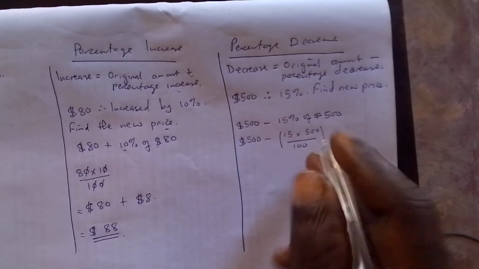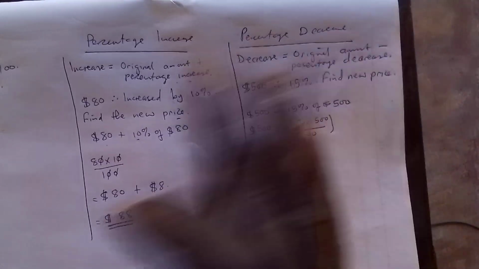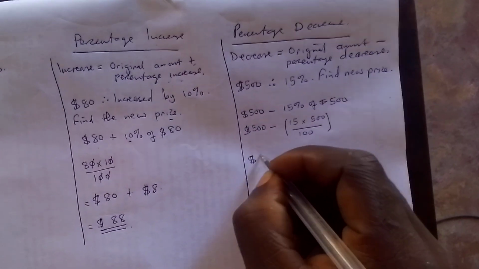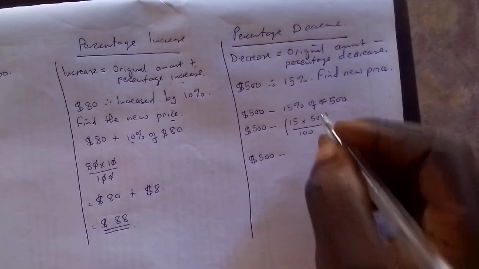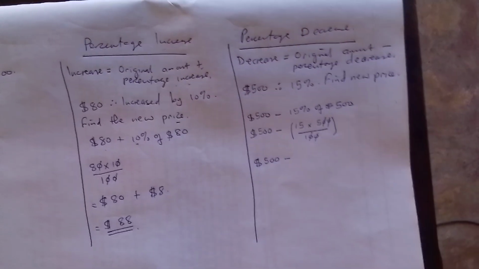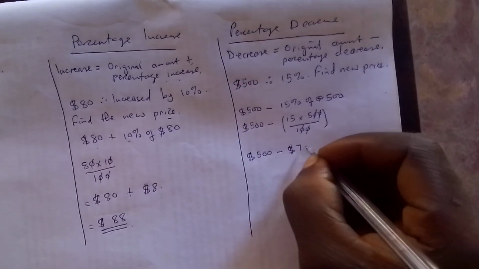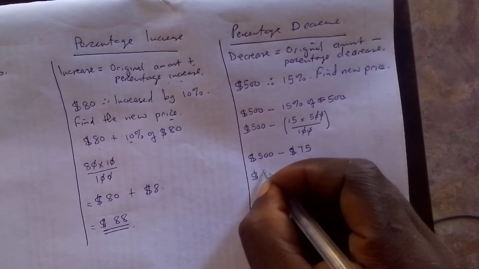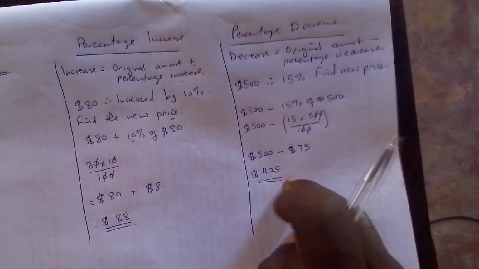So you can see now I'm using a different calculation than here, but it all gives the same answer. 500 minus, let's deal with whatever is in the brackets. 15 times 5, it's 75. So the new price is going to be 425. This is the new price.